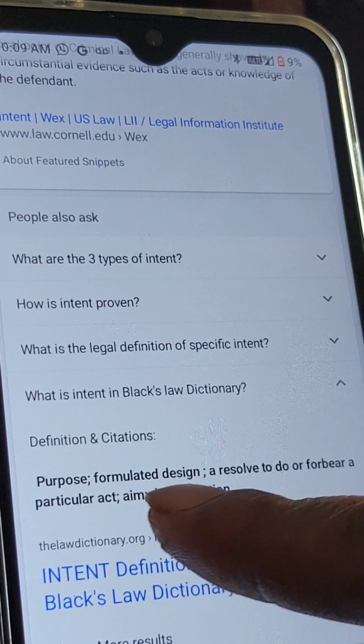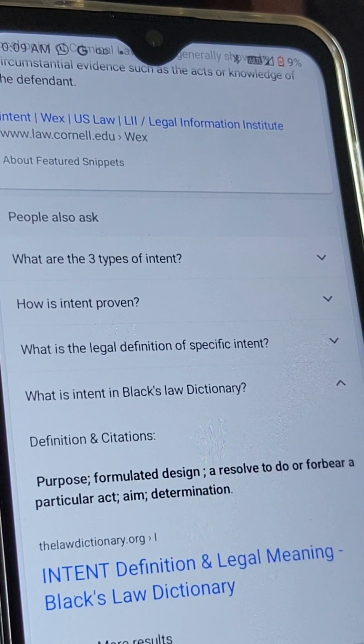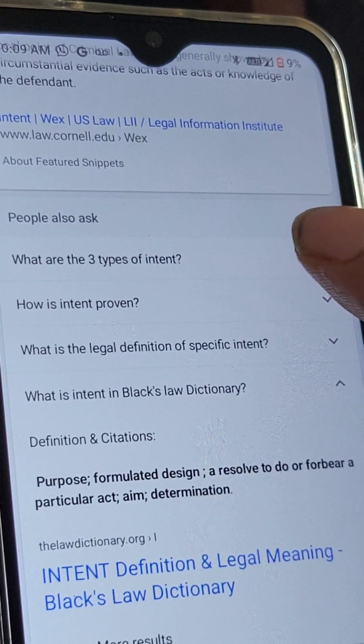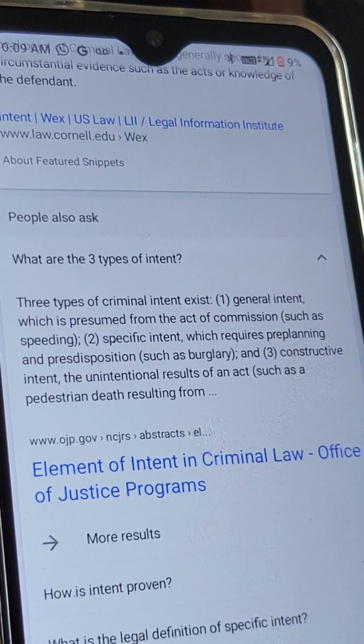What is intent in Black's Law? Purpose, formulated design, resolve to do or forbear a particular act, aim, determination. What are three types of intent? We don't want criminal intent.